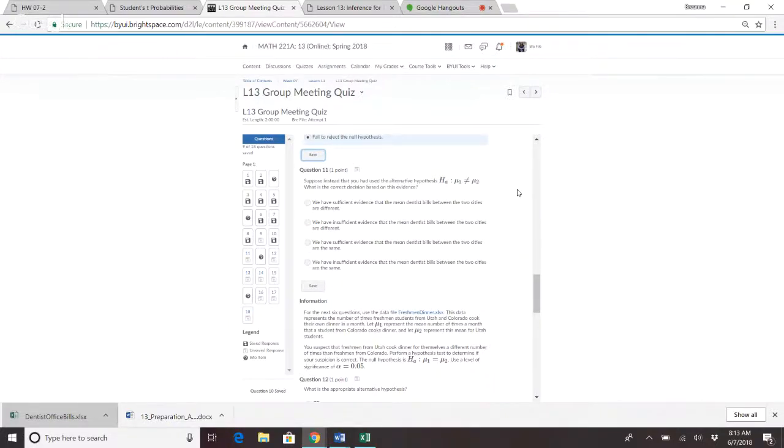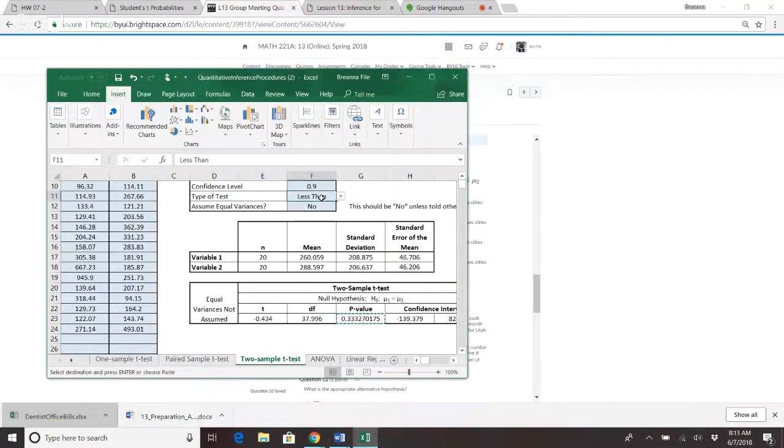Okay, suppose we used not equal to, then we get a p-value that's 0.667.